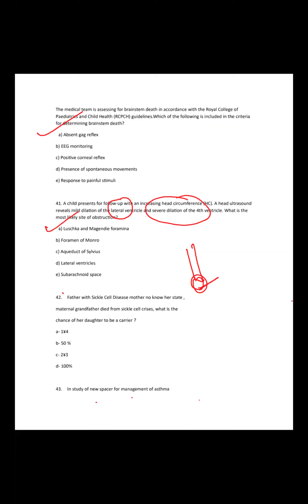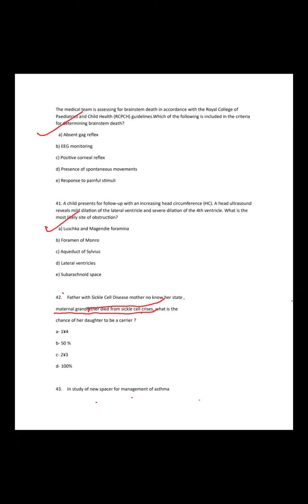Father with sickle cell, mother's status not known. Over here, father with sickle cell disease, but you don't know the mother's status, but maternal grandfather died from sickle cell crisis. So maternal grandfather died from sickle, that means maternal grandfather had sickle cell disease.